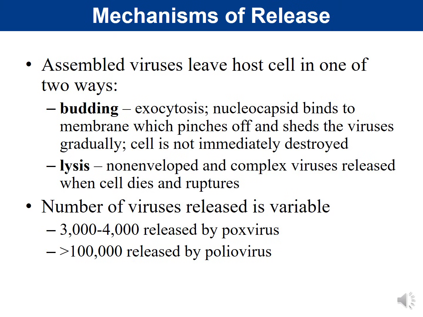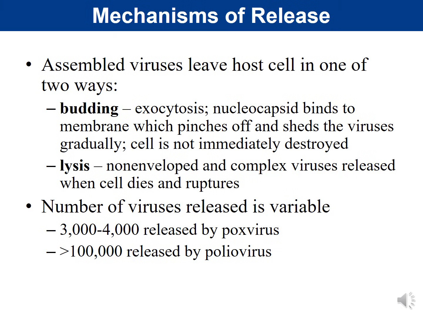But remember that the viral genome can be RNA or DNA, single-stranded, double-stranded, circular, linear, or segmented. There are lots of different ways that nucleic acids can be found in viruses, and this affects the way that synthesis occurs. So due to time, we won't be able to talk about that.